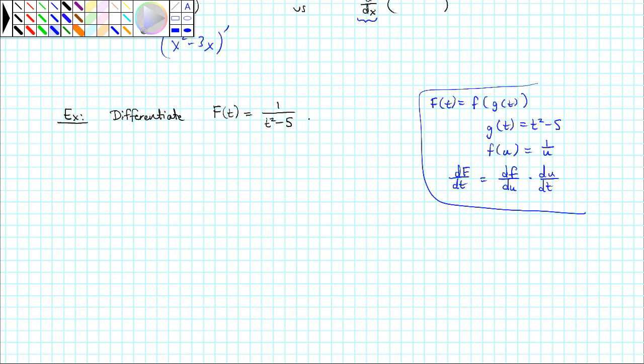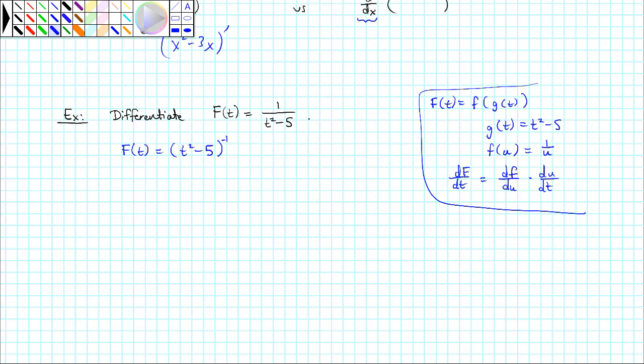The outside function here is the reciprocal function, 1 over something. So I'm going to rewrite this as f of t equals (t squared minus 5) to the negative 1 power. Then we can use the power rule for differentiation. And here's what I like to do.